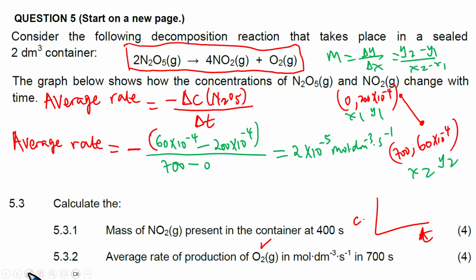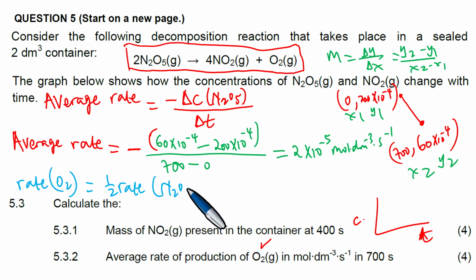So the rate of oxygen is 1/2 the rate of N2O5.